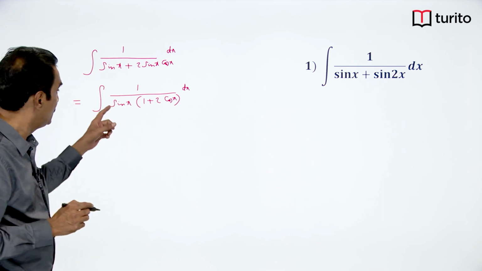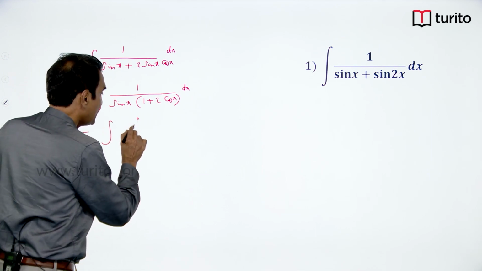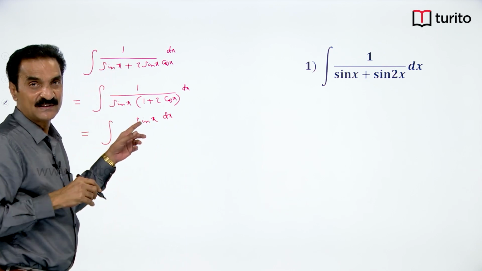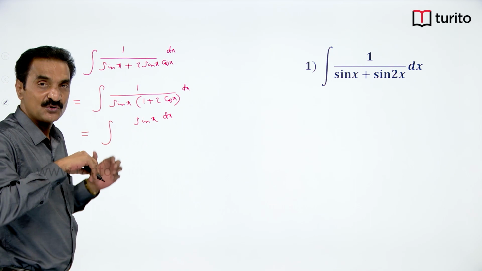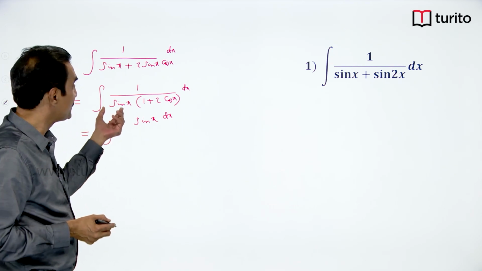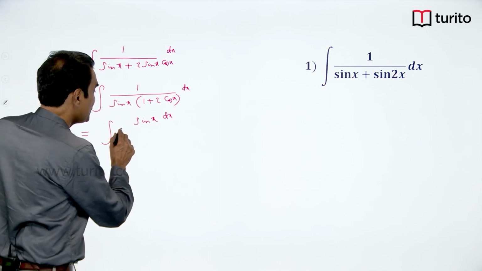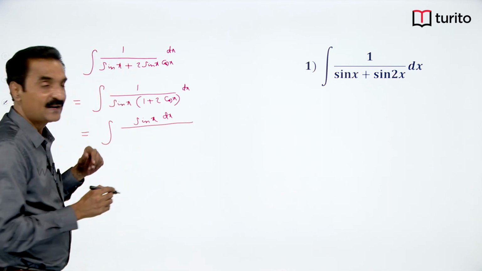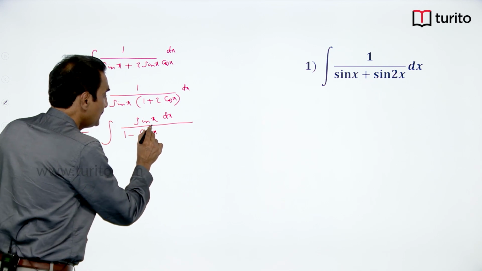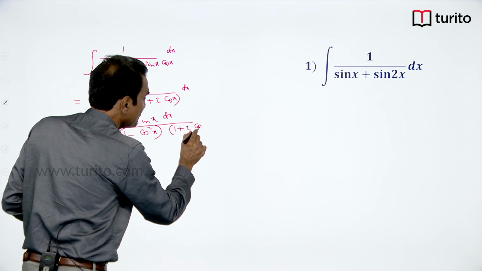So for that, we multiply and divide by sin x. Derivative of cos x is minus sin x. We got sin x in numerator. So we should put cos x is equal to t. So denominator should be completely in terms of t. If we multiply and divide by sin x, this sin x becomes sin square x. We can write as 1 minus cos square x into 1 plus 2 cos x.